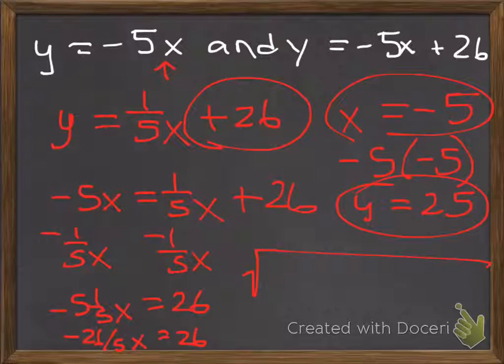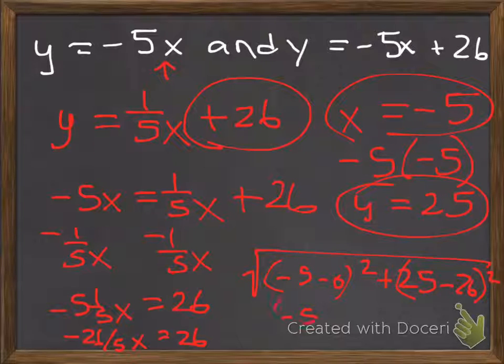So negative 5 minus 0 squared plus 25 minus 26 squared, which is negative 5 squared plus negative 1 squared, which would be 25 plus 1, or 26. So the distance would be the square root of 26.